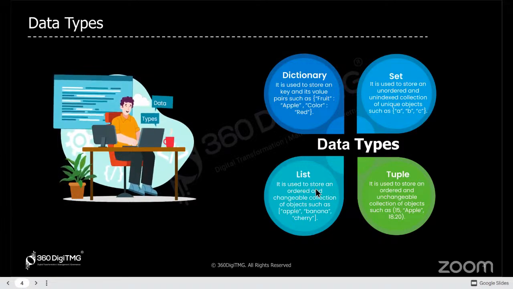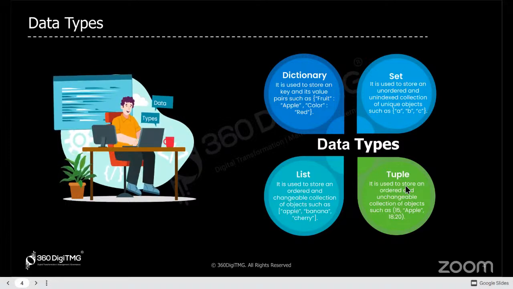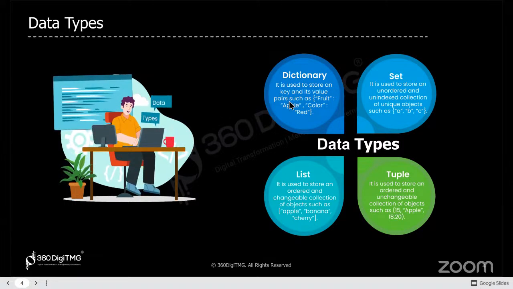List stores an ordered, changeable collection of objects. Tuple stores an ordered, unchangeable collection of objects. Set stores an unordered, unindexed collection of unique objects. Dictionary is used to store a key and its value as a pair. I hope these are clear, and that it's clear to understand these after the demonstration.